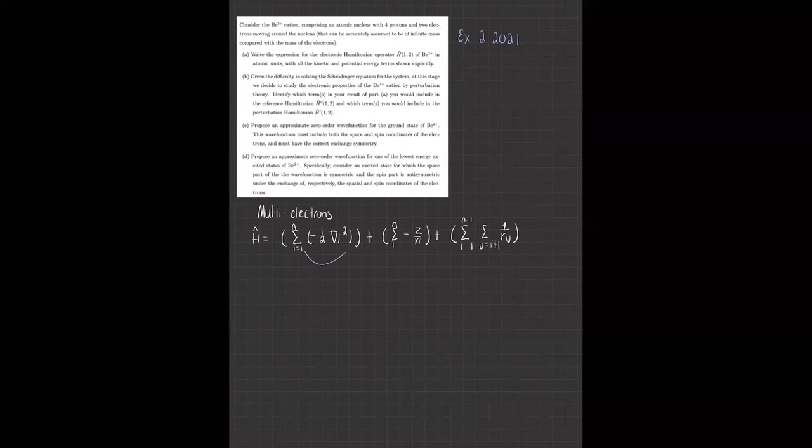All right, so beryllium has 4 electrons, which means that after you remove 2 electrons, we're going to have 2 electrons. And so we can write down the term for this. Since there's 2 electrons, there's going to be 2 terms for the kinetic energy.